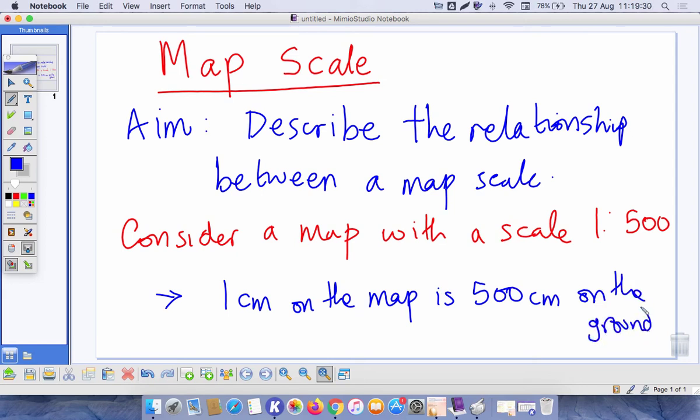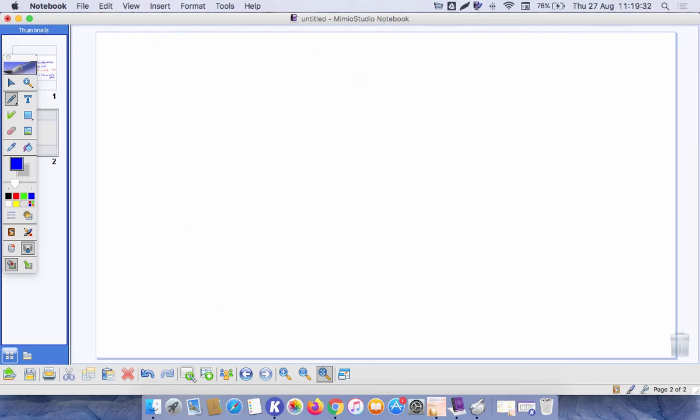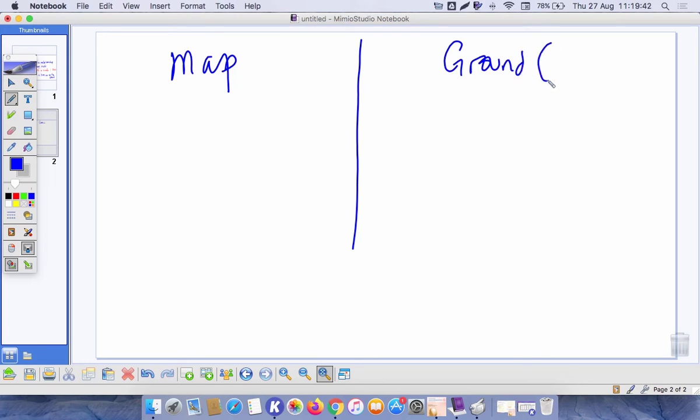So I am going to draw a table. On one side I will have my map, and on the other side I will have the actual ground. Imagine I had a rectangle.